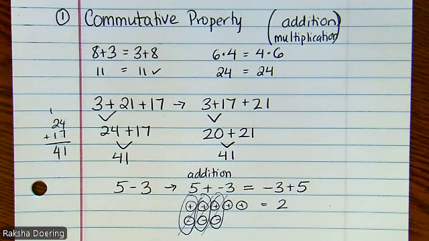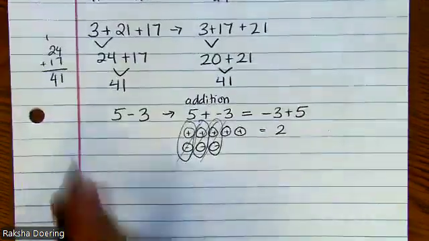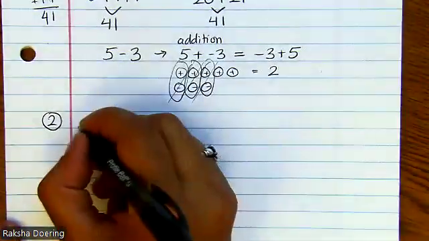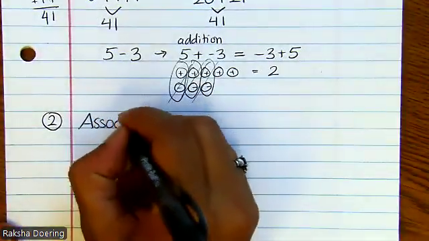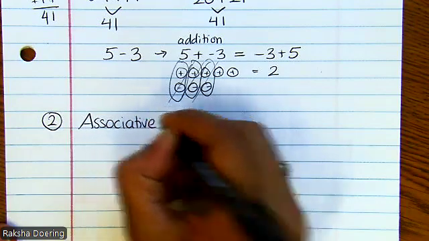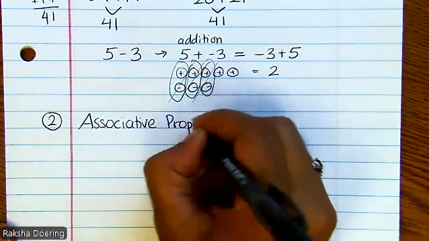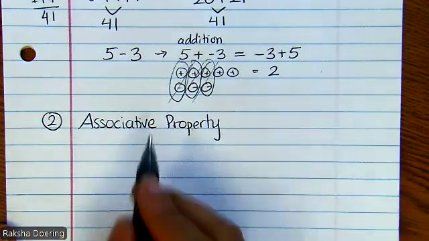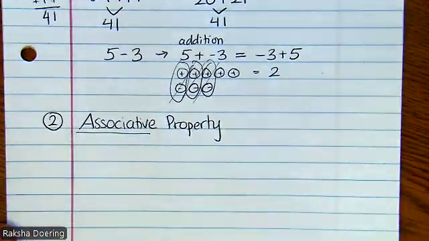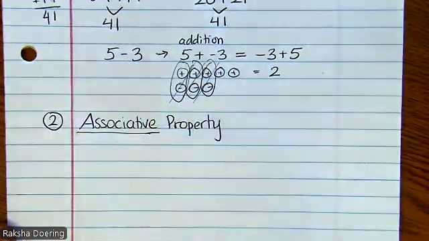The next one we're going to talk about is the associative property. So number 2 is the associative property. And the associative property has the word associate in it. So it's about grouping things together.